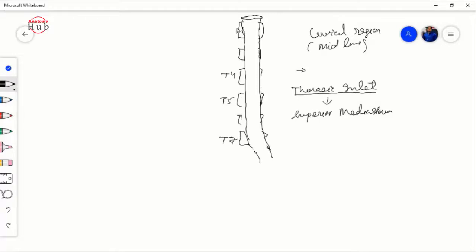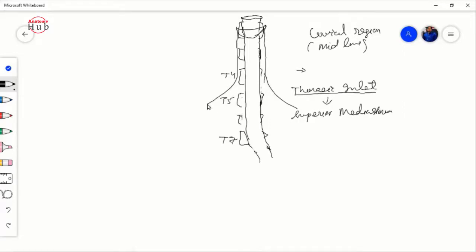I am drawing the outline of the trachea. It is a C-shaped cartilage, going downward up to the T4 level, then it divides into the two principal bronchi.